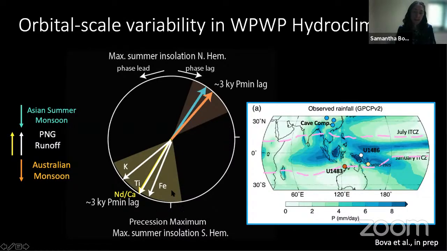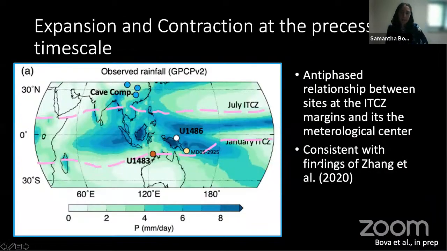So our site and the record here supports the interpretation of Zhang et al. that there's an antiphase relationship between sites at the ITCZ margins and those in the meteorological center. And our site is very much within the heart of this region, and so provides a lot of support for that interpretation.